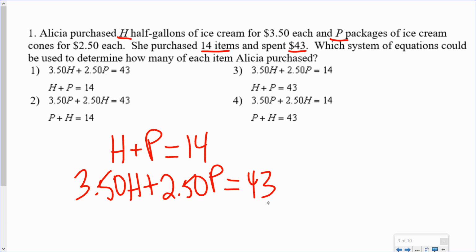It looks like choice 1 is that. H plus P equals 14, 350H plus 250P equals 43. Perfect. So again, it's pretty straightforward as long as you understand that your first equation is going to almost always just be the two variables x plus y equals.